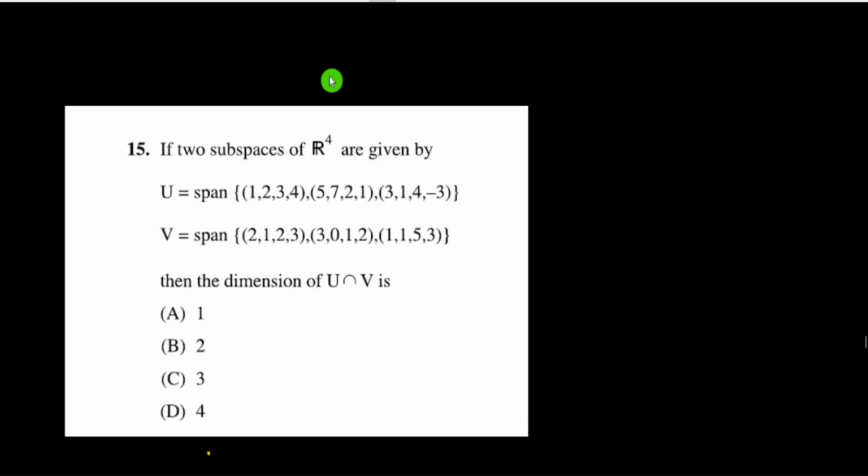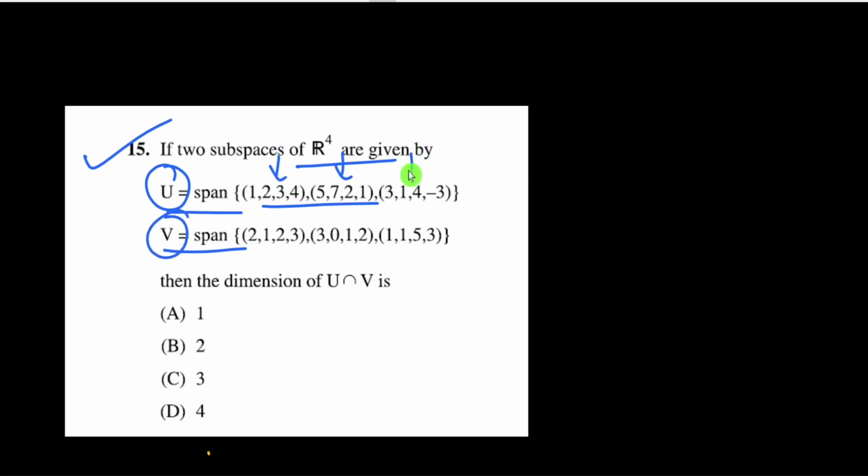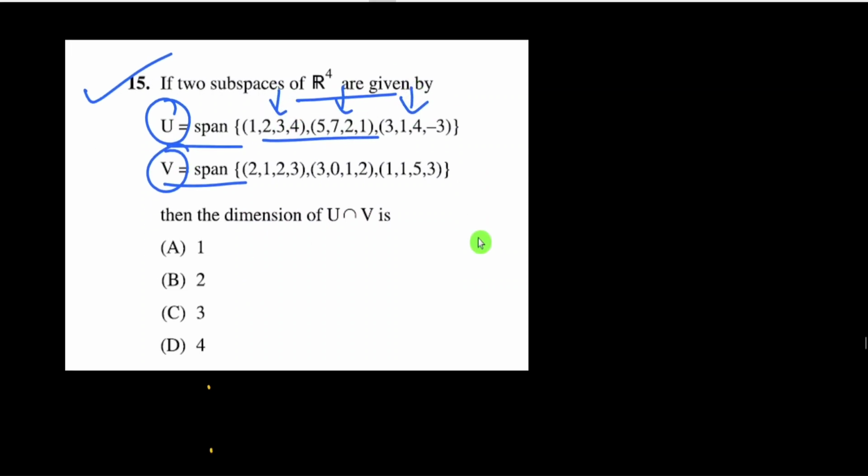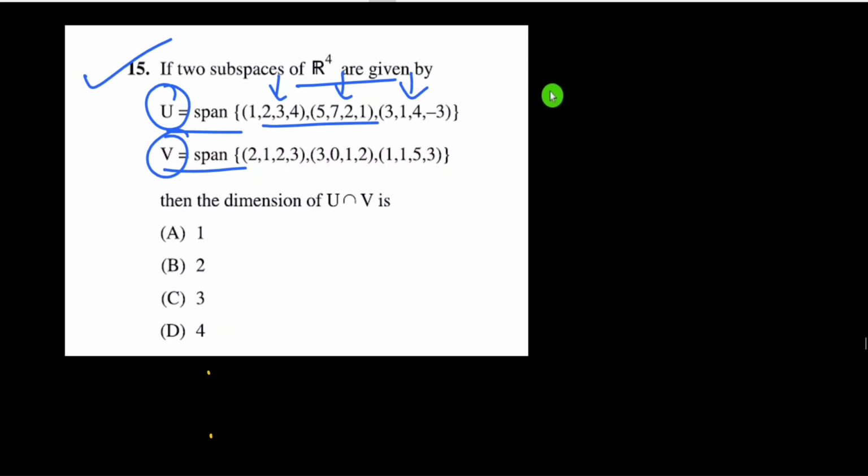Now the next question, question number 15, says that two subspaces of R4 are given by U and V. Applying row operations, we get this U and V. These three vectors are clearly linearly independent. We can check this, it is just a simple calculation. Apply row operations, and lastly we find that the 3 rows are non-zero.